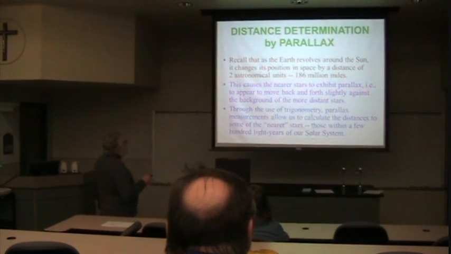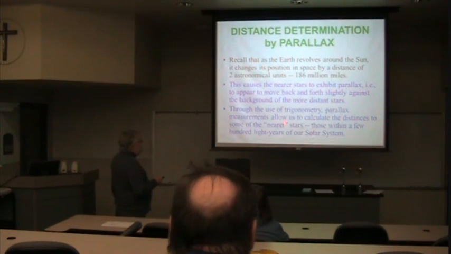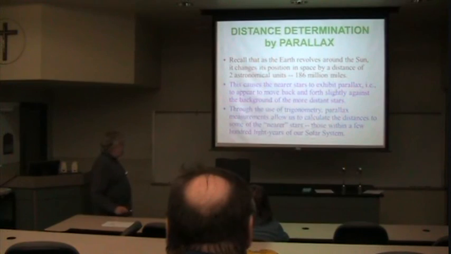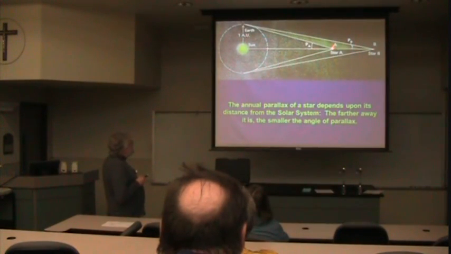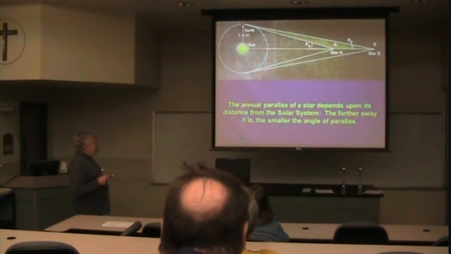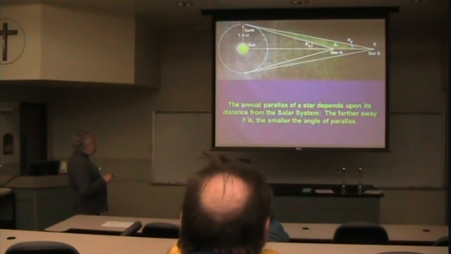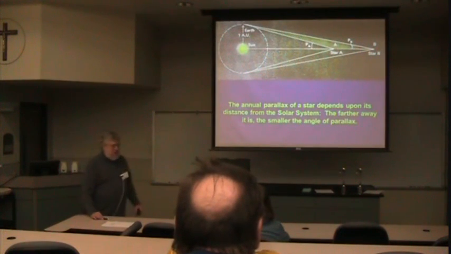So we have a 186 million mile baseline, and it allows us to do a little calculation just by triangles. Got some pictures here. If we have nearer stars and then farther stars, and the Earth is going around its orbit with a radius of 1 astronomical unit, we'll see that the nearer stars have a larger parallax than the farther ones.